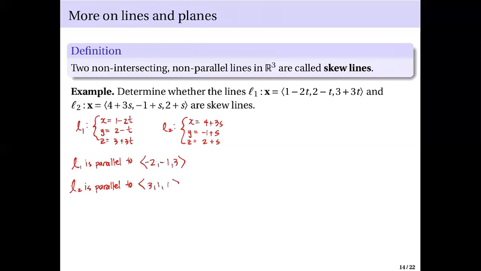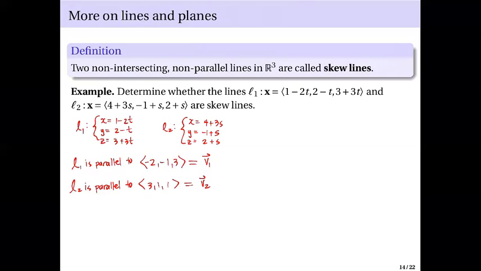Let me label this as your V1 and this guy here as your V2. So if L1 is parallel to V1 and L2 is parallel to V2, in order to determine whether L1 and L2 are parallel, we have to determine whether V1 and V2 are parallel.